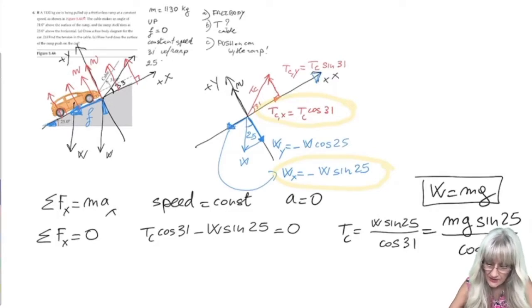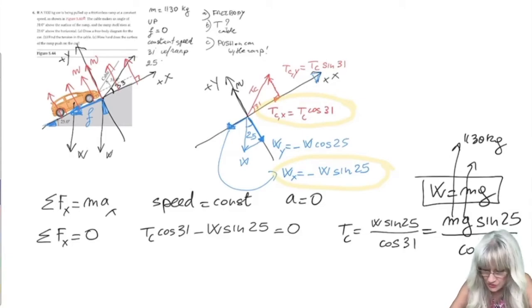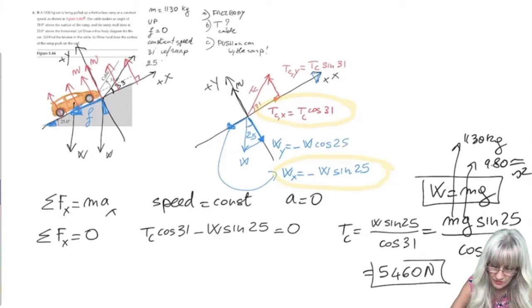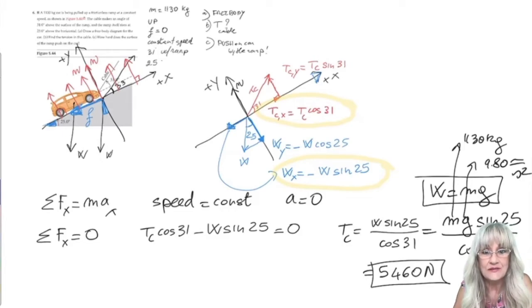The mass, I know it, you remember is given, 1130 kilo, and how much is g, the very famous in absolute value 9.80. So if you plug in and do the algebra, the tension in the cable will come out to be 5460 Newton. Final answer. So tension in the cable done.